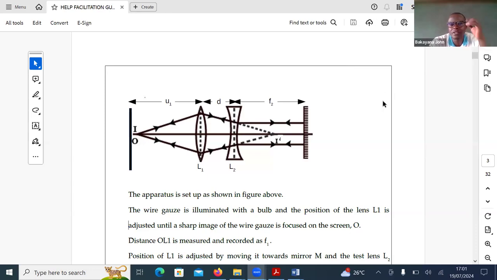I hear some people speaking. May you please share with us? How do we get the next step to get F2, the focal length of the concave lens? I see a hand, a question, or you are giving us the answer. Yes, Bridget.